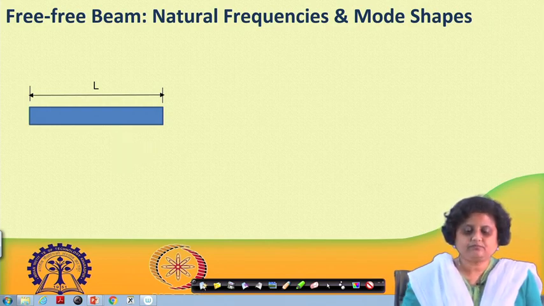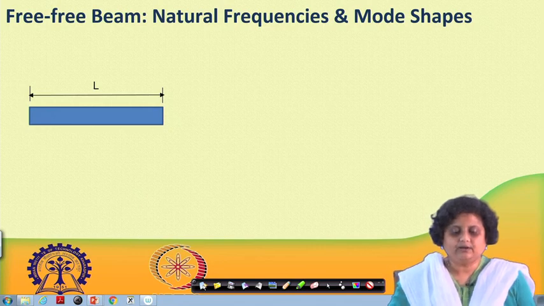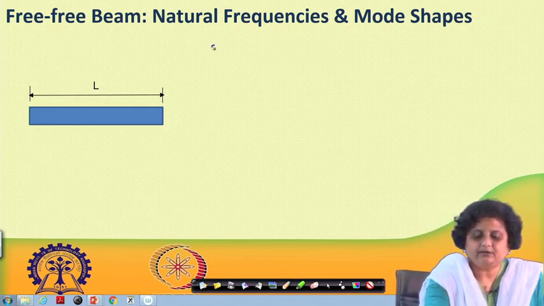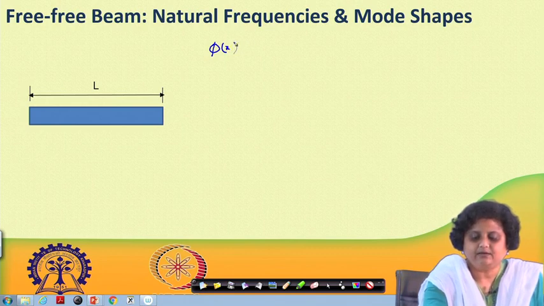So, let us start with the generic solution of the mode shape of a beam, and then we will impose the boundary condition.